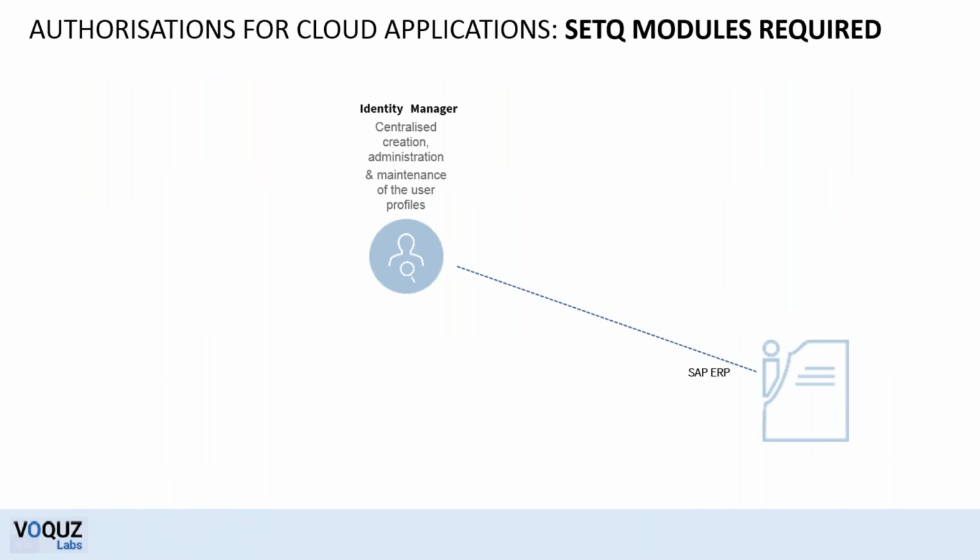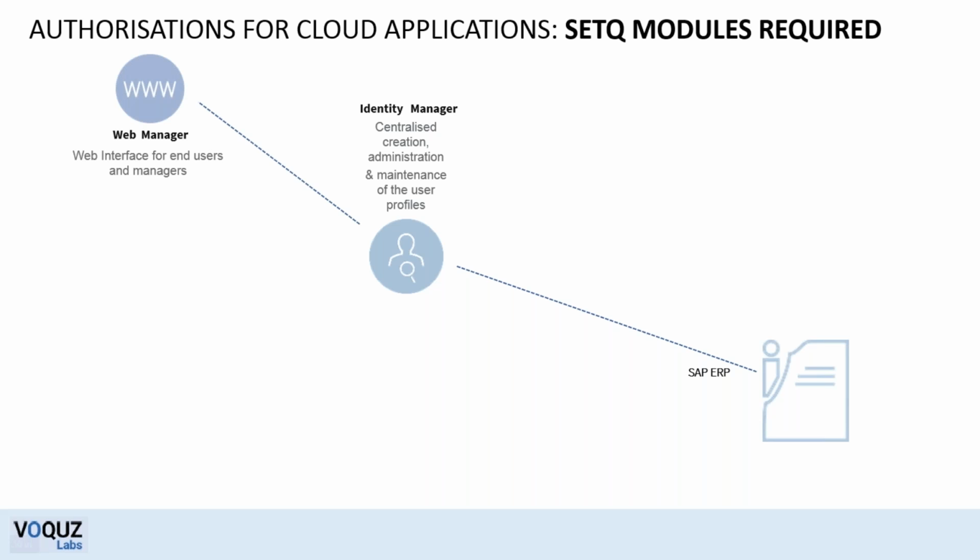Okay, so if we look at the modules required, as we spoke earlier, we would require the identity manager. What does the identity manager do? Well, it really centralizes the creation, administration and maintenance of the user profiles. You can't get away from it without having an identity in place. So all users need to have this identity, and we manage and maintain this using Identity Manager.